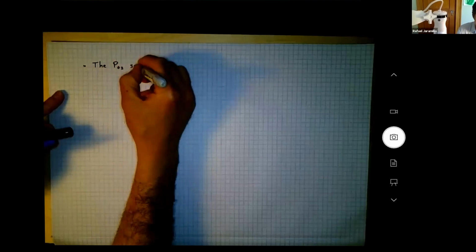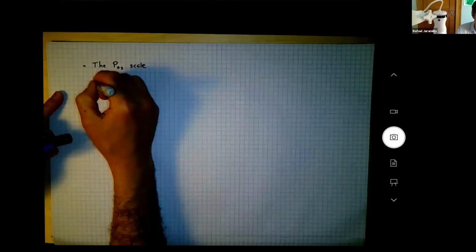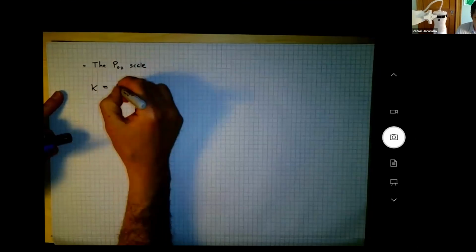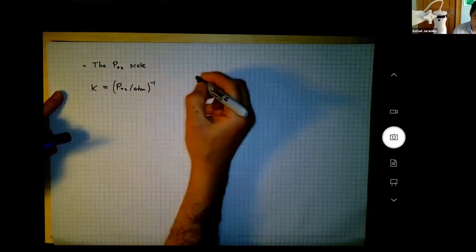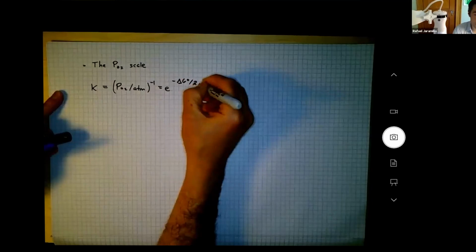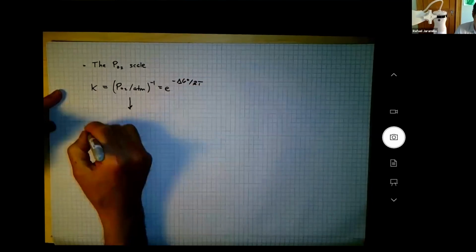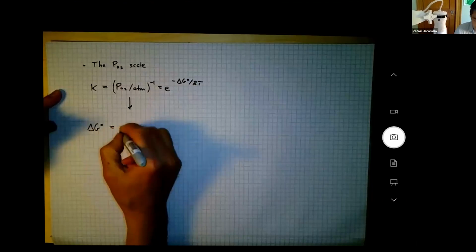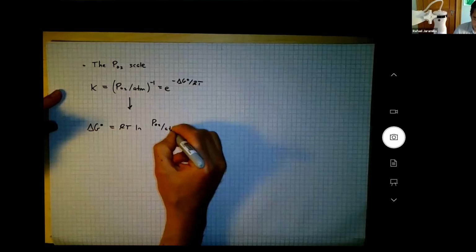Let's start by talking about the PO2 scale. The equilibrium constant is PO2 by atmosphere to the minus 1, which is equal to e to the minus delta G naught over RT. So I'm just going to rearrange that and write delta G naught equals RT log PO2 by atmosphere.